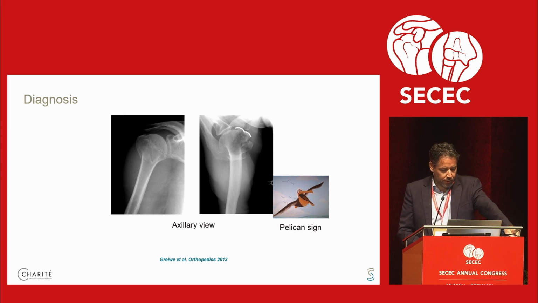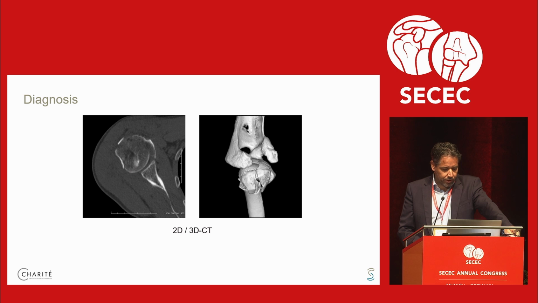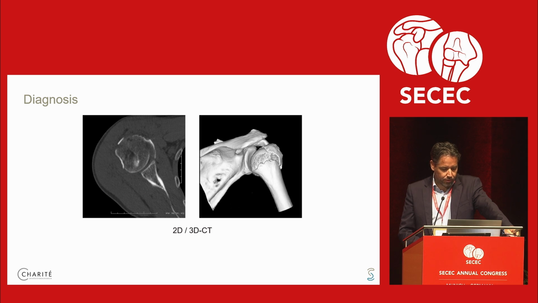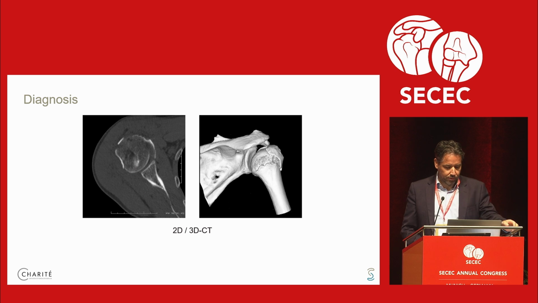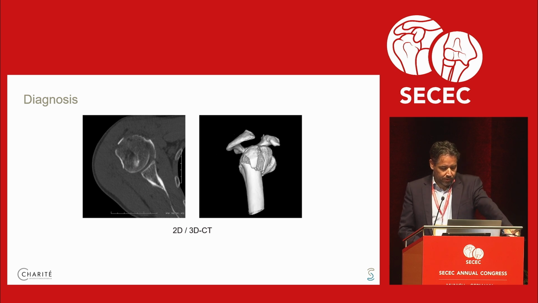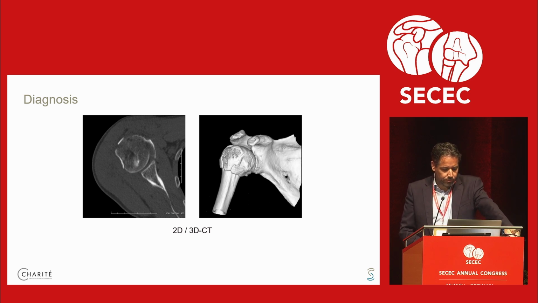That's usually indicative of a type 2 head split. Obviously, we do a 3D CT evaluation to see where the head split really goes, and this has implications for how you approach this surgically, if you need to open the rotator interval, or if you might need to take down part of the subscapularis tendon. So I think a 3D CT is mandatory in those head split situations.